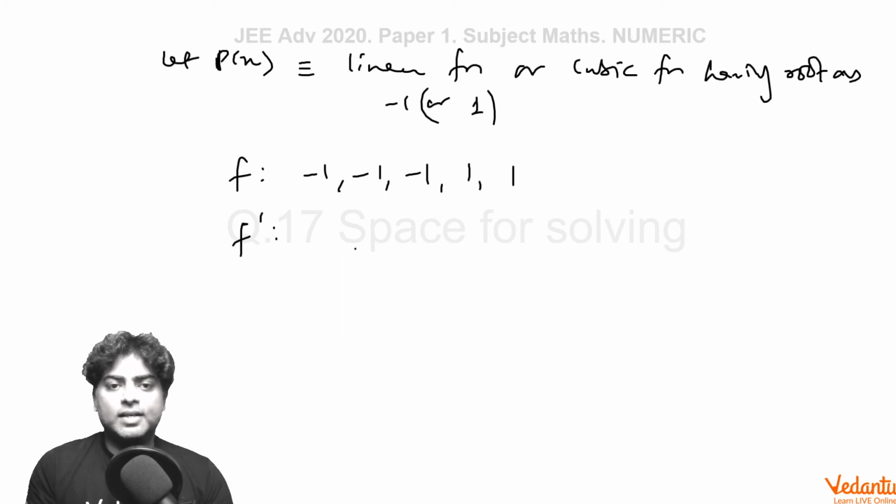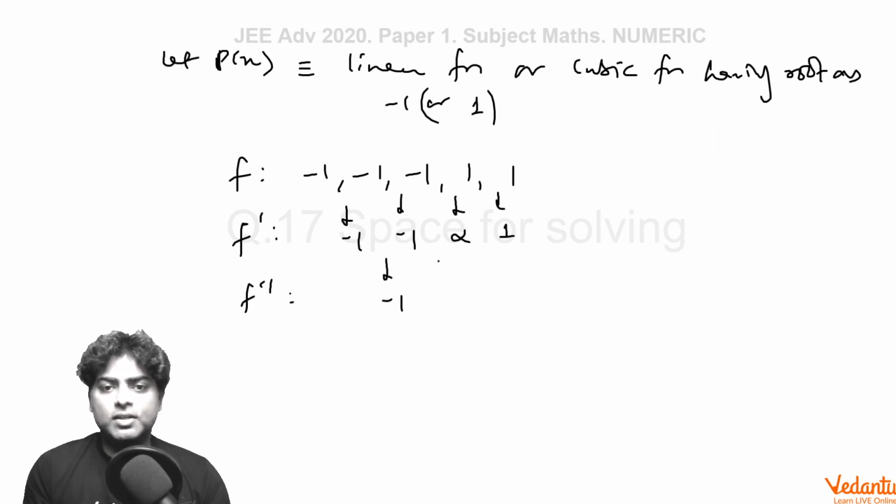In that case the roots of f dash are minus 1, minus 1, alpha, 1, then f double dash according to rules: it is minus 1, beta 1, and then beta 2.